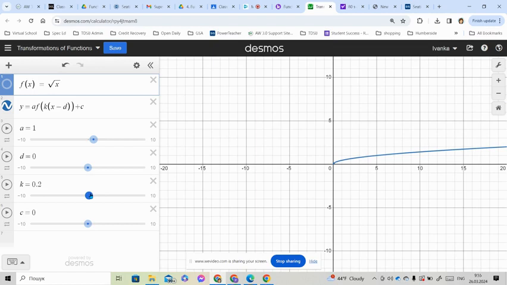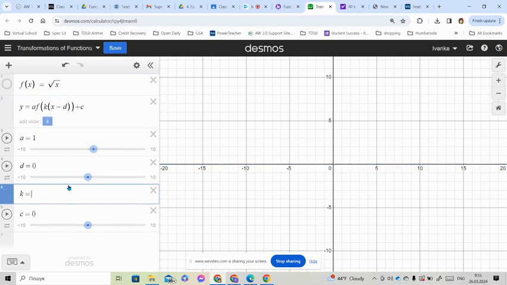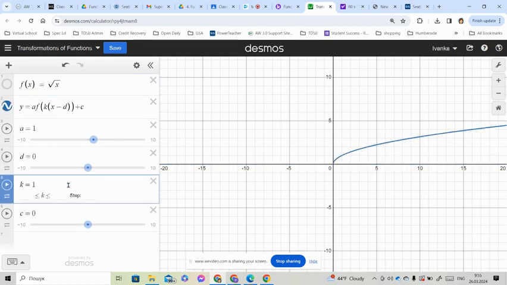So if I look at the Y value, when I'm at a regular parent function, when x is 1, y is 1, right? When x is 4, y is 2. When x is 9, y is 3. Let's see what happens when I increase the k value.